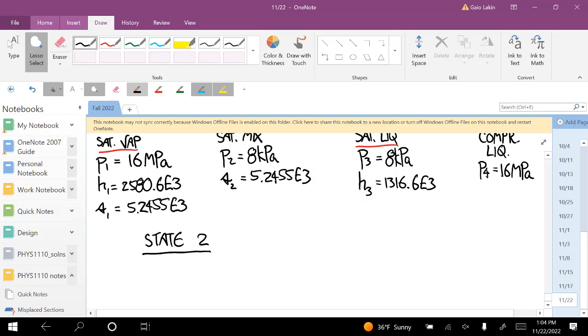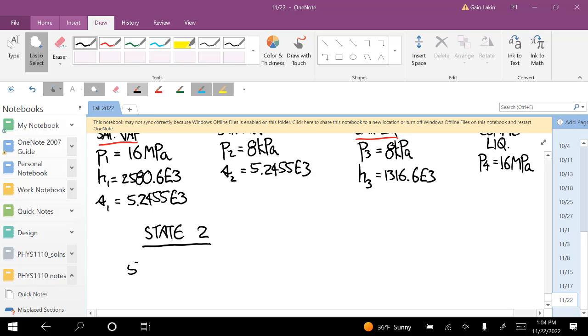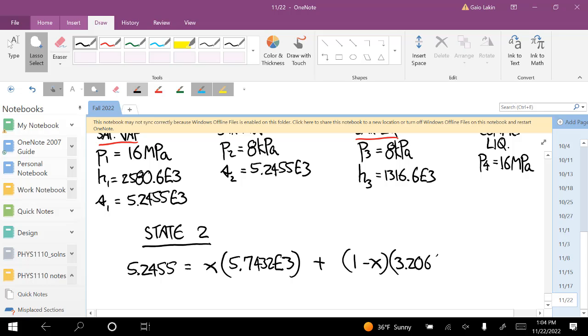And now at state 2, we know that 5.2455 is equal to X times the saturated vapor specific entropy, so 5.7432 times 10 to the third, plus the quantity 1 minus X times the specific entropy for a saturated liquid, 3.2068 times 10 to the third. These are both just looked up in the table.